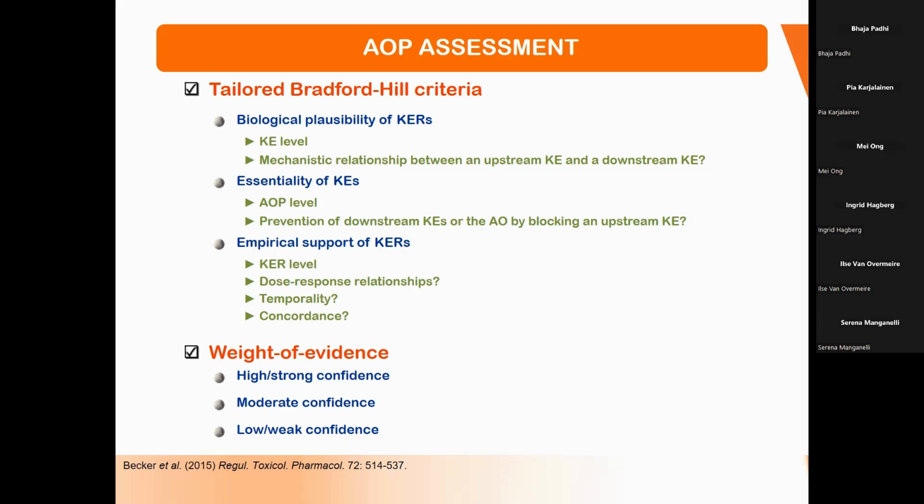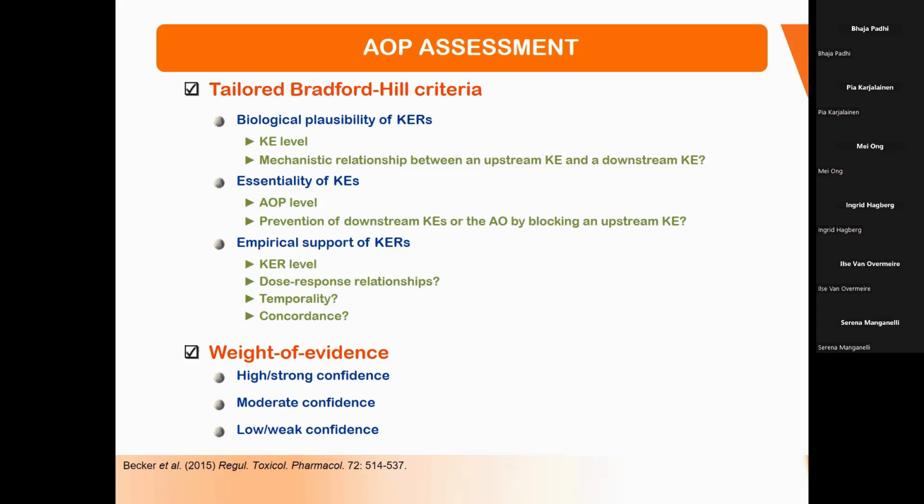And with the introduction of AOPs in 2010, these existing Bradford-Hill criteria have been customized or modified in order to fit the purpose of AOPs, hence the tailored Bradford-Hill criteria. I will not go through this in detail because that would be a presentation or even a workshop on its own. But just in a nutshell, what is it all about?